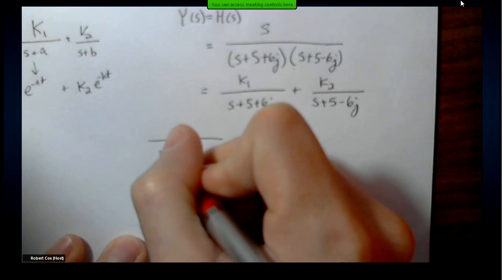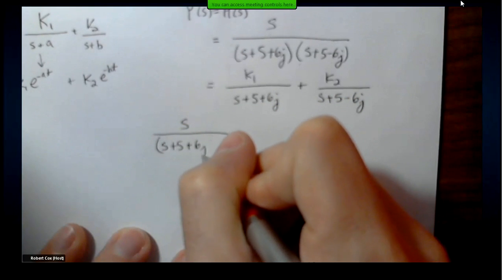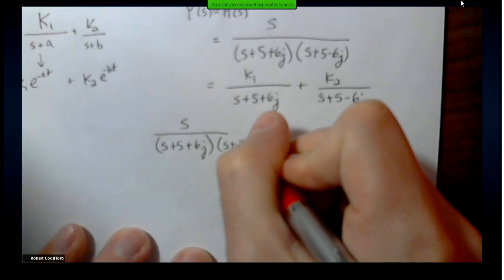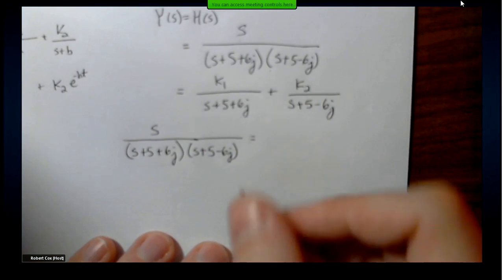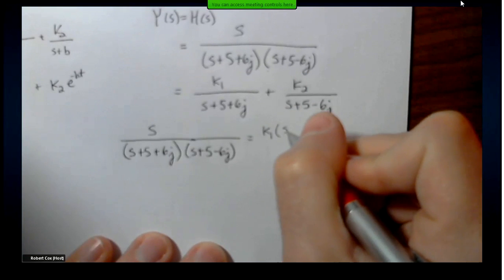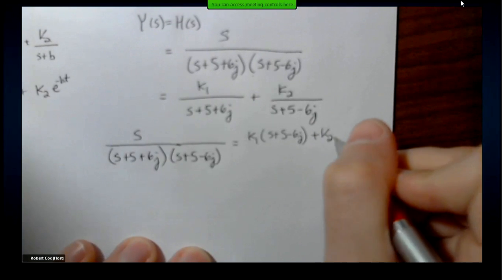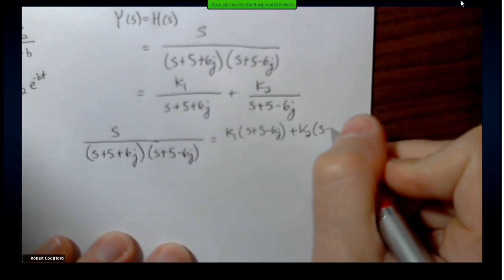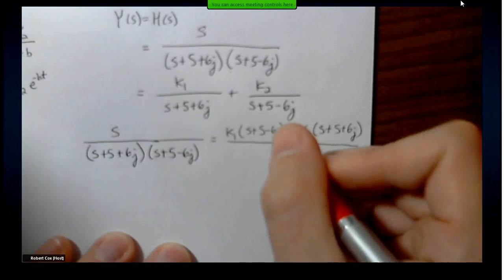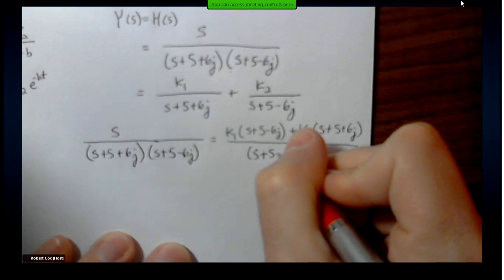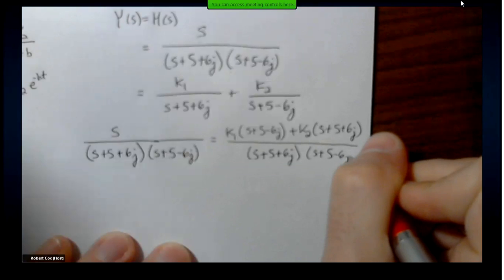So s over s plus 5 plus 6j times s plus 5 minus 6j has to be equal to k1 times s plus 5 minus 6j plus k2 times s plus 5 plus 6j, all over s plus 5 plus 6j times s plus 5 minus 6j.